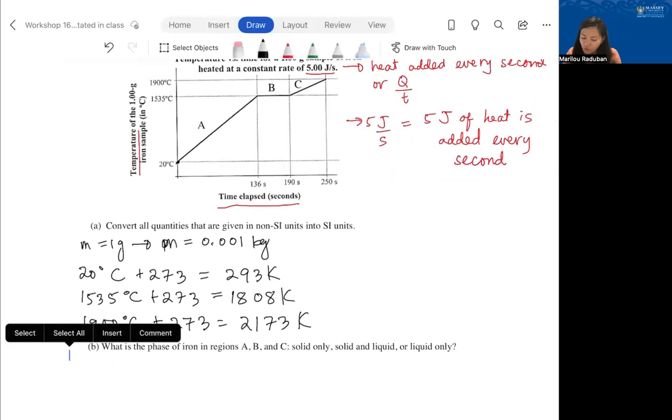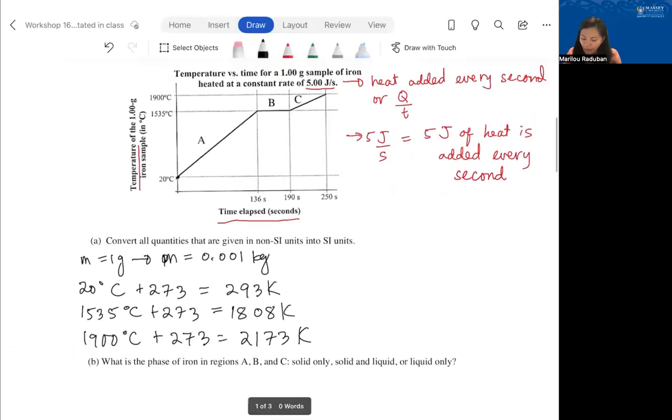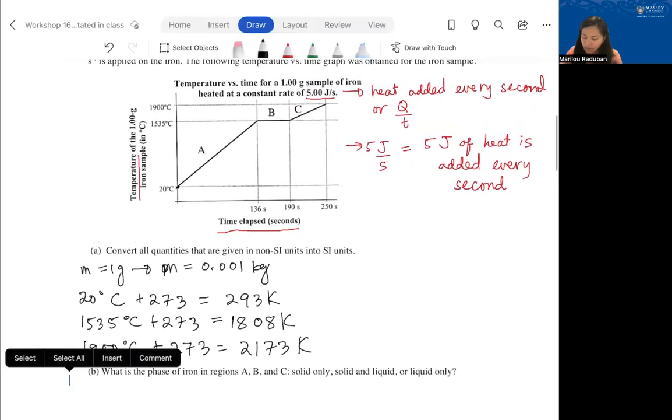Okay, so looking at the graph and just looking at section A, so region A here, we can see that heat is added over a period of 136 seconds. So we're going to the second question now.